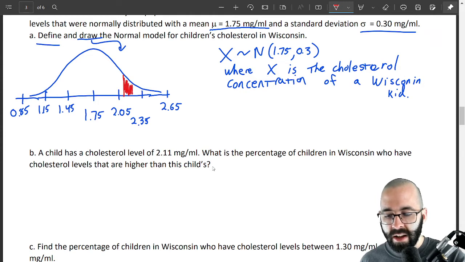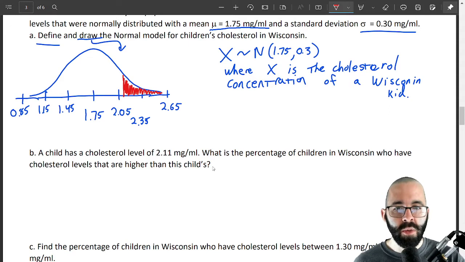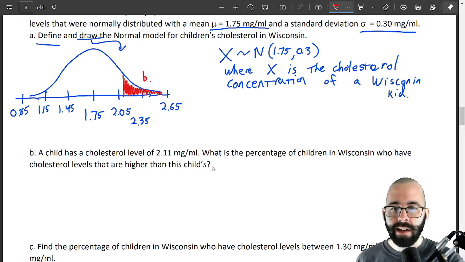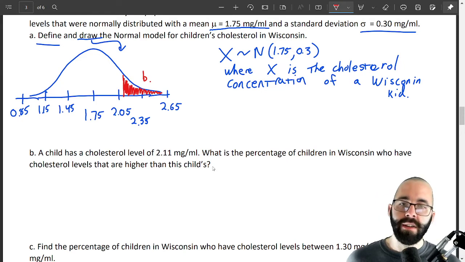And we're looking at what's the probability, what percentage of people are more than 2.11? Well, okay, just type that into GeoGebra. All right, this is part B. How many people are to the right of 2.11?